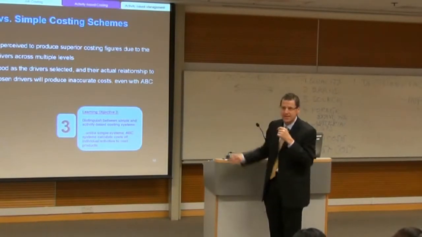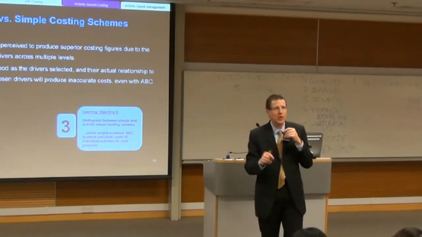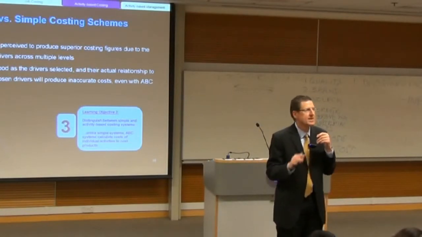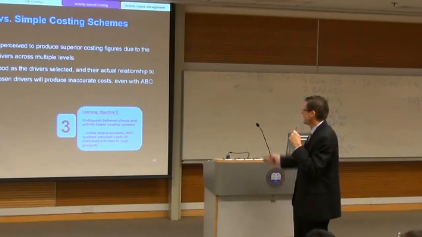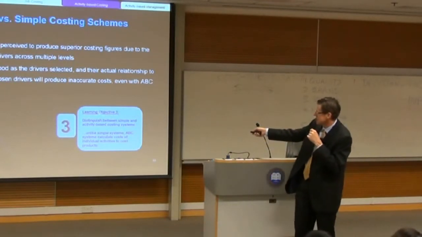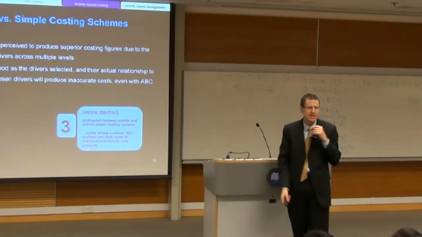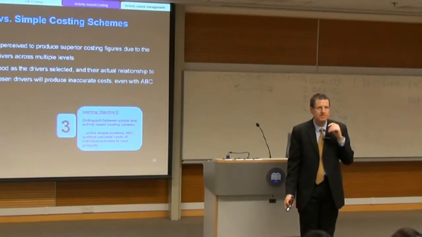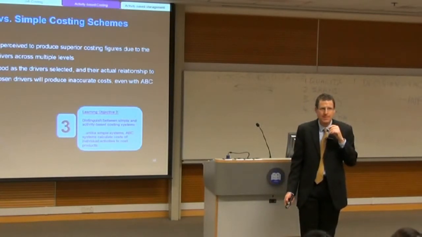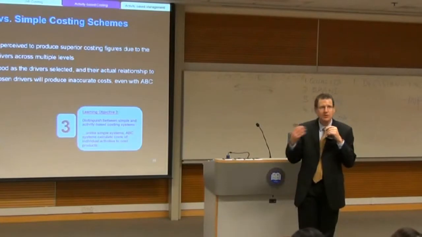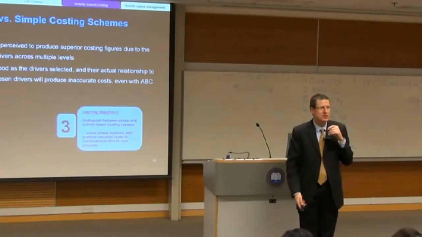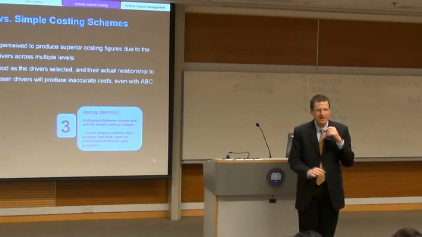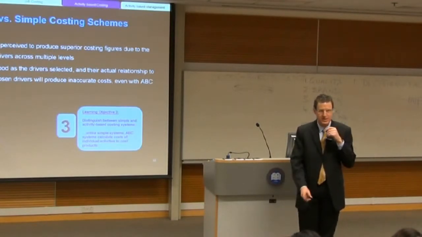But ABC, activity-based costing, is a way of overcoming this cross-subsidization. That's learning objective 3. Distinguish between simple and activity-based costing systems. Remember, this is very introductory tonight. Okay? I want you to just be aware of the foundations of costing. Okay?